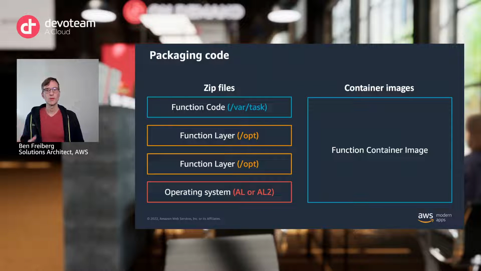There are two ways to create your deployment package. One is a zip archive or zip file, or a container image. If you use a container image, you must package the complete code and all its dependencies inside the image. If you use the option of a zip archive, you can add or configure additional Lambda layers on your functions.